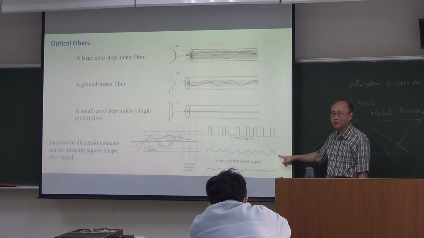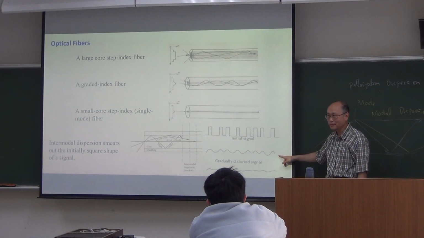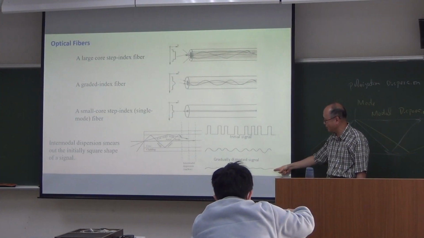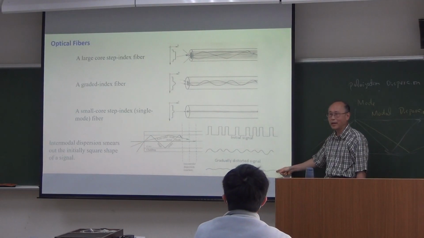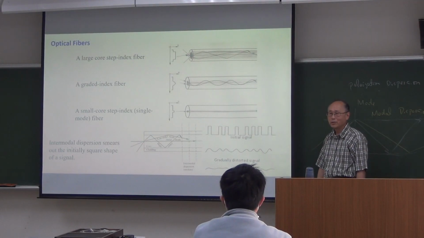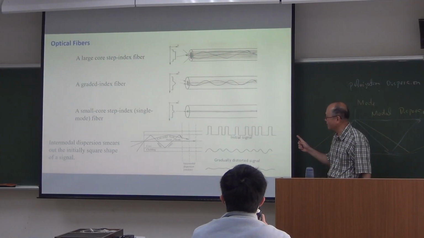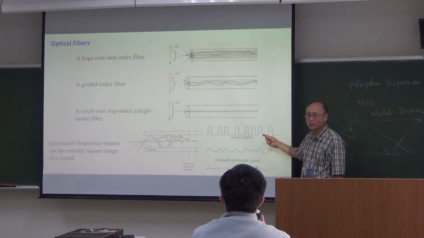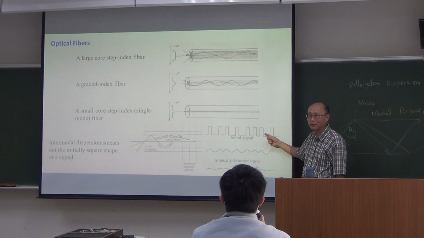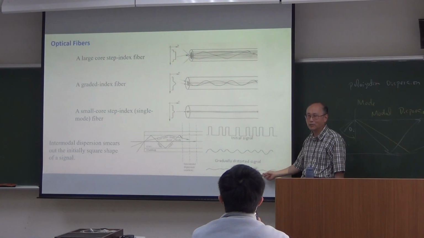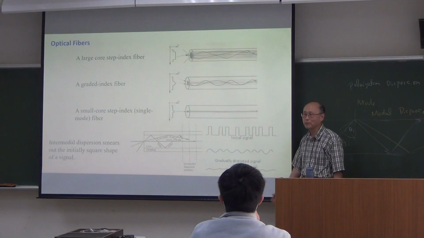And this is something you don't want. This is serious, right? You don't quite see the 0101 at your output anymore. So in the optical fiber, you have to manage dispersion. Otherwise, you cannot propagate this digital signal through this optical fiber. In the end, you see this, and this is sort of meaningless at your output.